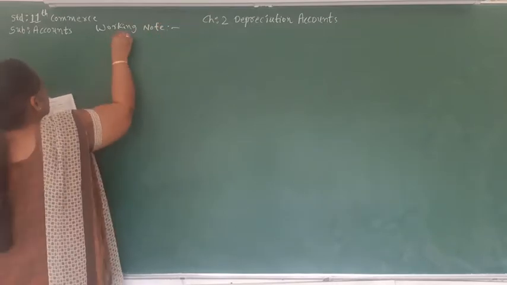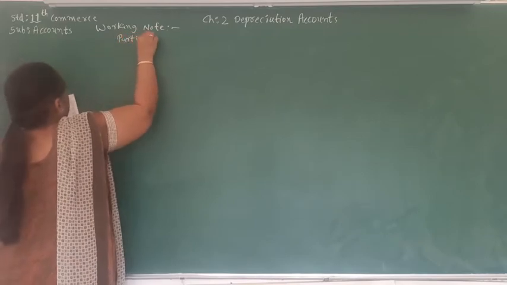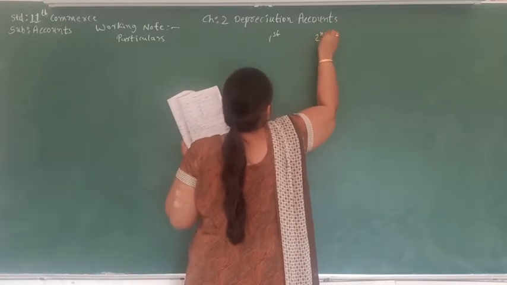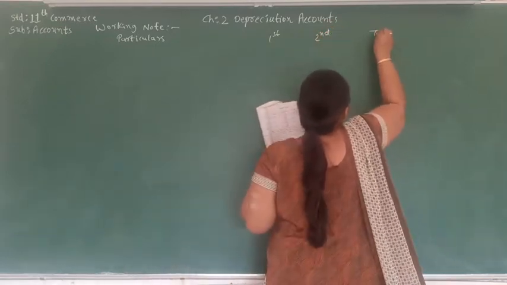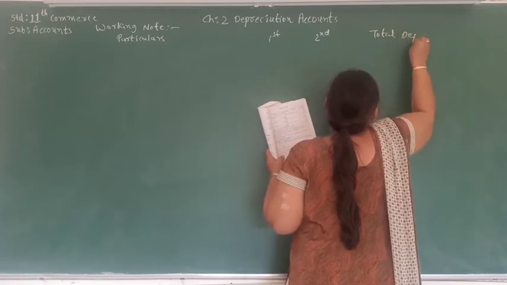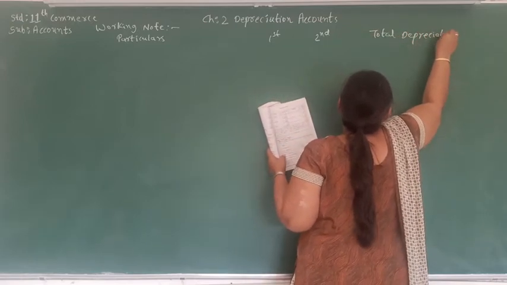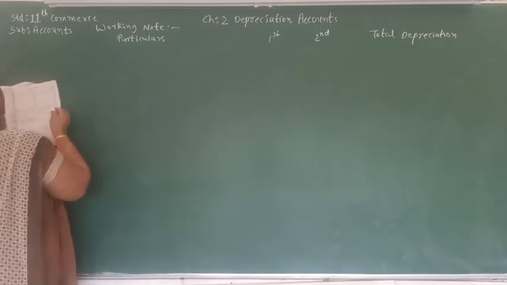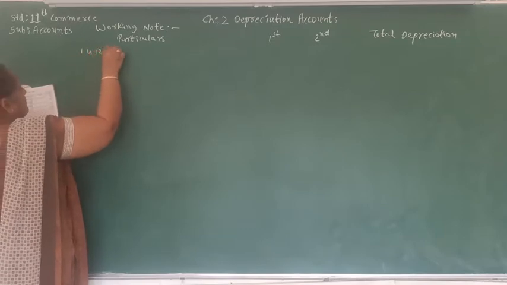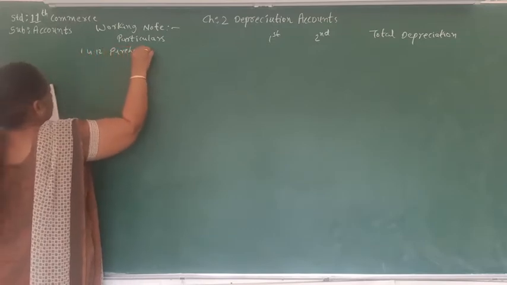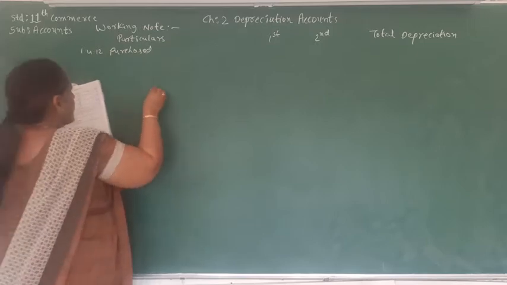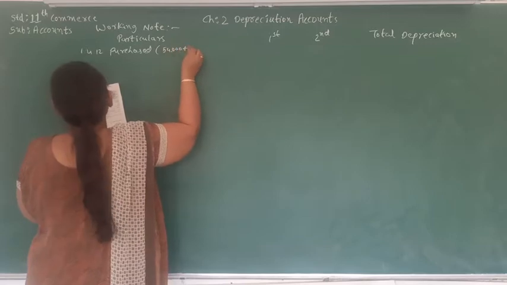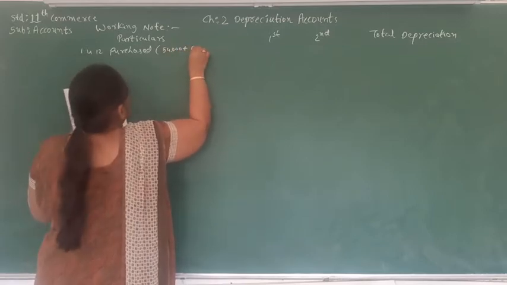Purchase of machine, particulars: first machine, second machine, and total depreciation. So here the first machine is purchased on 1/4/12, and the cost price is equal to 54,000 plus 6,000. So total will be 60,000.